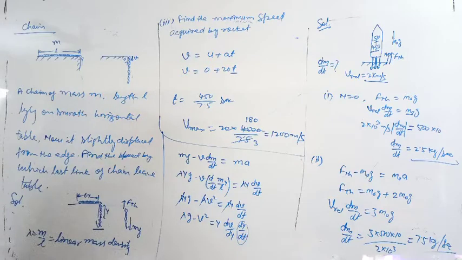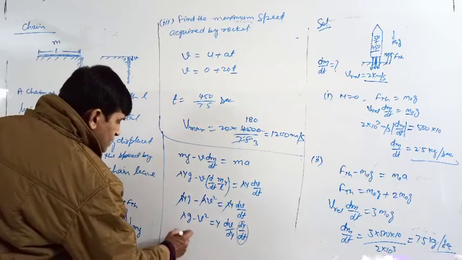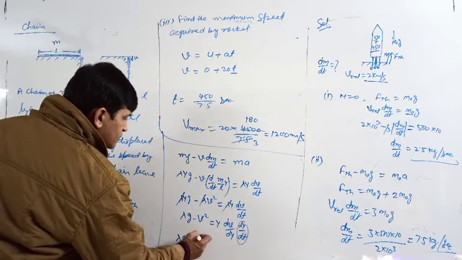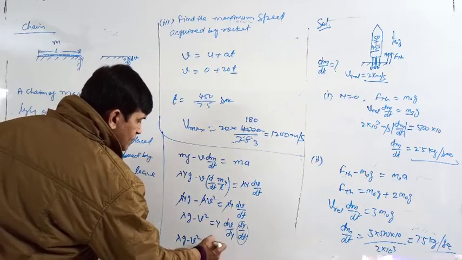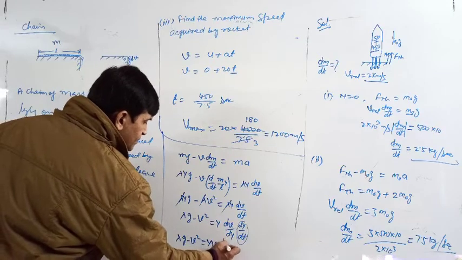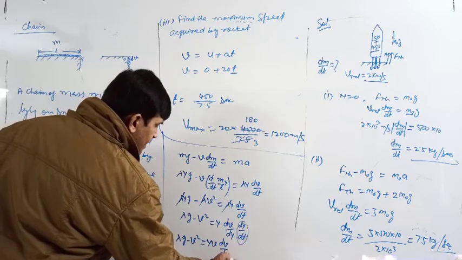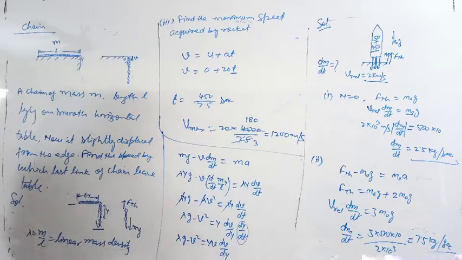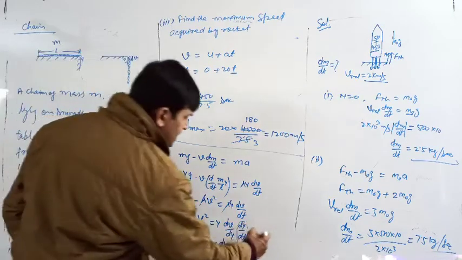Fine? Clear? So lambda g minus v square is y v dv by dy. Got it?